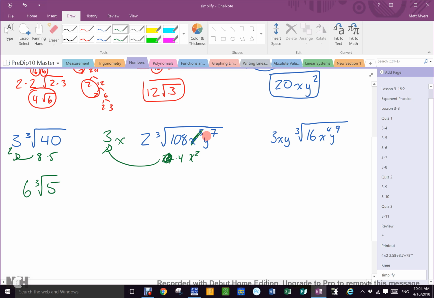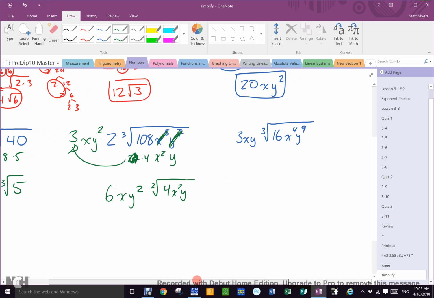How many y's can I get out? 2. What did I leave? A single y. What's out front? 3xy squared times 2. 6xy squared. Cube root 4x squared y.